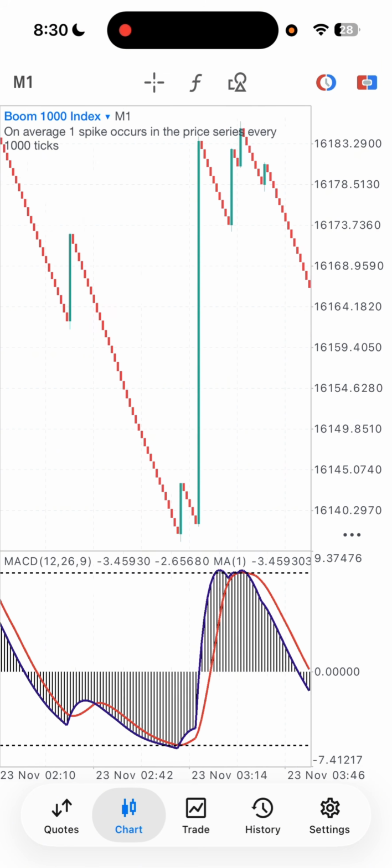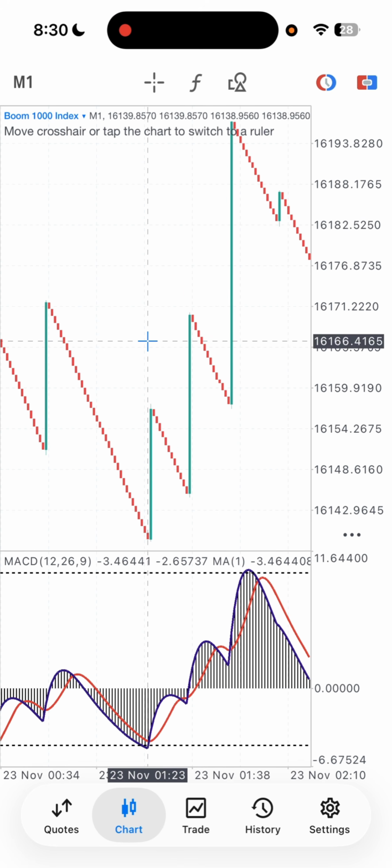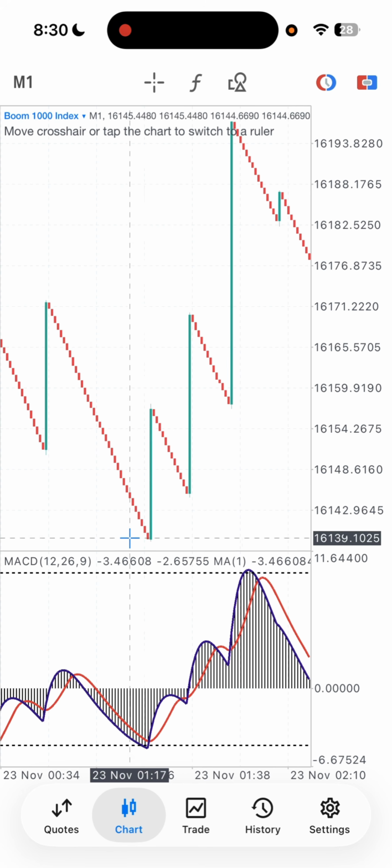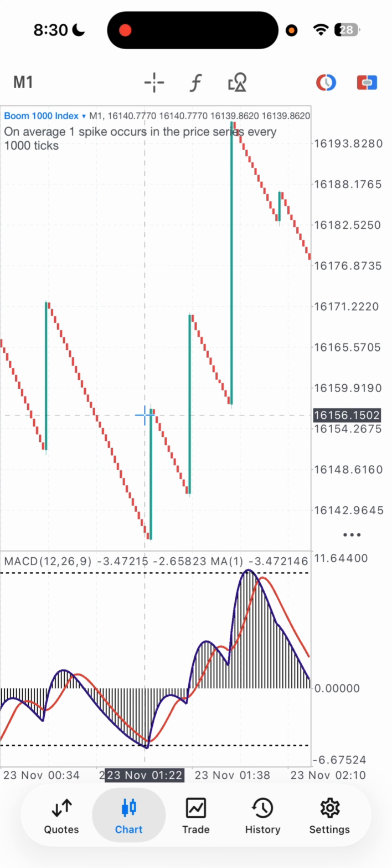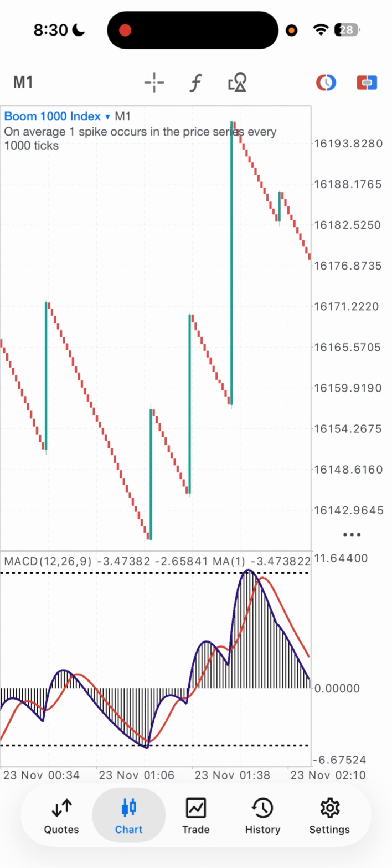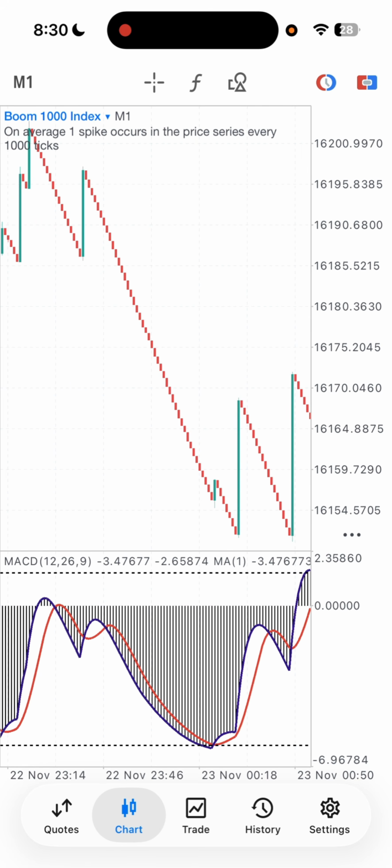You can see there was a very long spike at that very point. From here, go to the level of 10, you can see it spiked. It sold again, it spiked, you can see. All right, so I hope you understand everything that I've said to you guys on this boom and crash spike catching strategy of 98 percent accuracy.